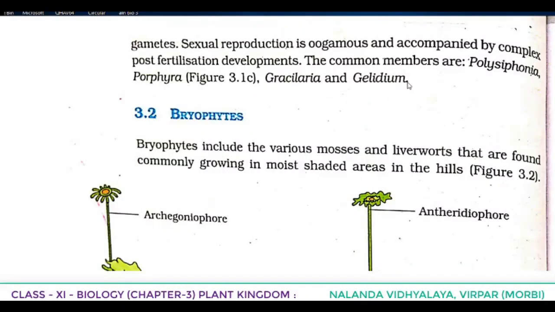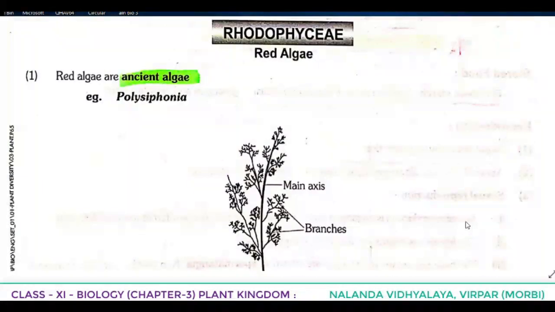So now regarding Rhodophyceae, whatever the points we discussed from the textbook, apart from that, what else is given in the material that we have to understand. Let's see now. Rhodophyceae, commonly known as red algae, and red algae are ancient algae.